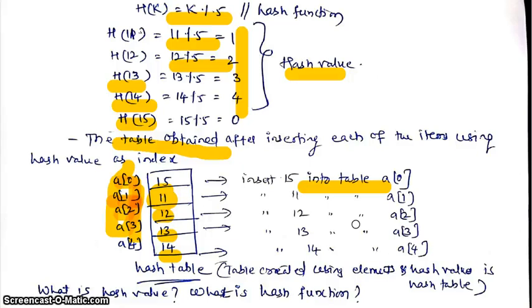But you must know the key, then only can we access that particular information. That's why the hashing technique is used.